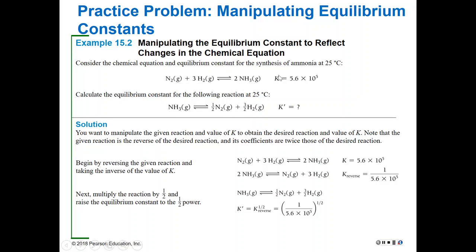We know something happened with the coefficients. How do we know they halved everything here, but did not multiply everything here by 2? Right, the other coefficients are 1 and 3. If they had multiplied everything by 2, we at least would have had a 2 in front of the one that has nothing, the N2. There would have been at least a 2 in front of that also, but there's not.